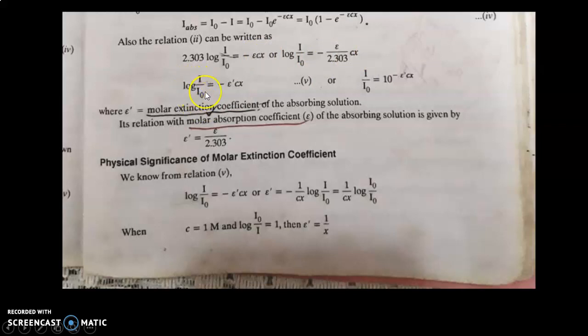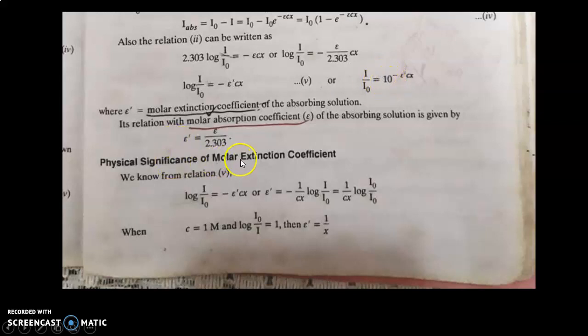Log I by I0 is equal to minus epsilon dash cx, where epsilon by 2.303 is taken as epsilon dash, which is known as the molar extinction coefficient of the absorbing medium. Or I by I0 is equal to 10 raised to minus epsilon dash cx, when we raise it to the power 10.